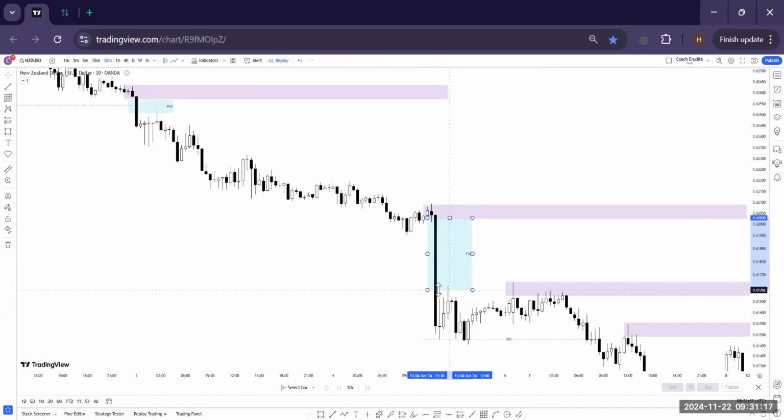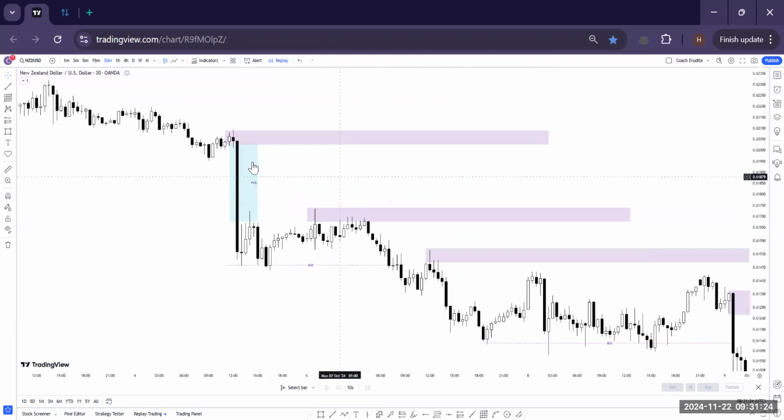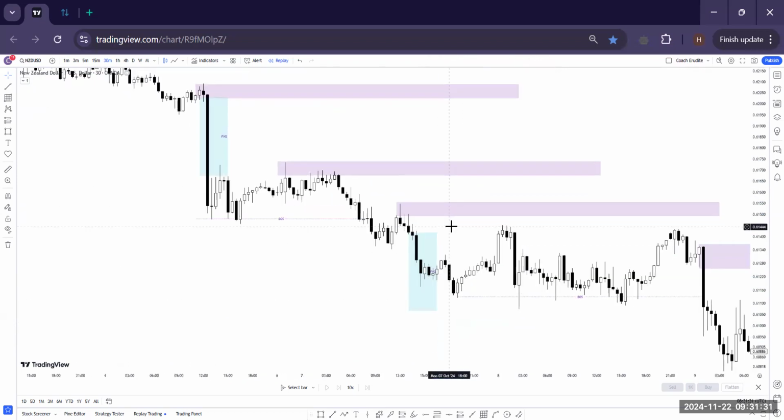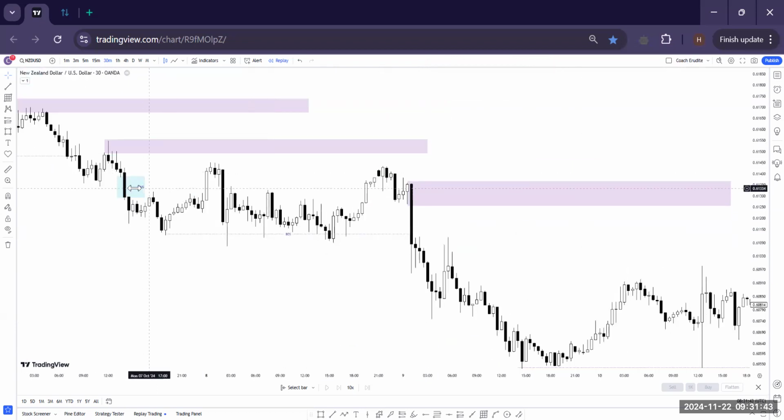A very big one, which price already tapped into. Then we have another one here. We have another one.